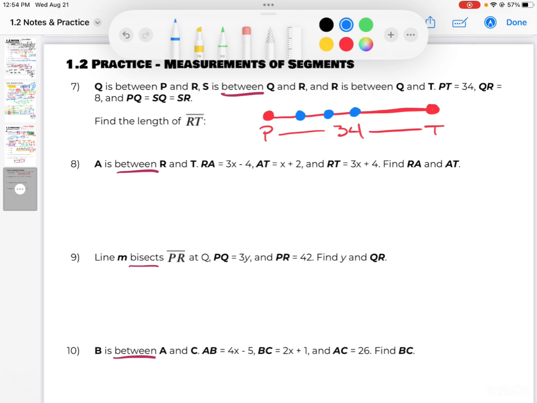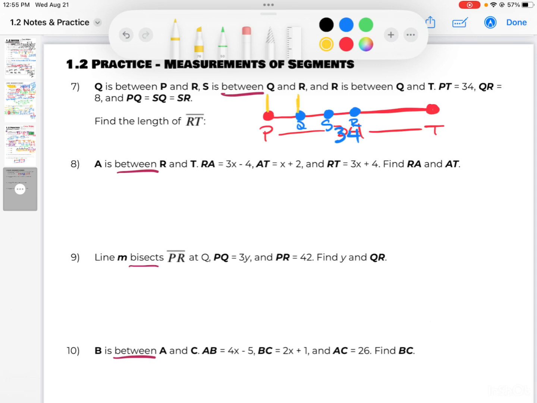So Q is between P and R. S is between Q and R. And R is between Q and T. And then to write out what I already know here, I know that that's 34.